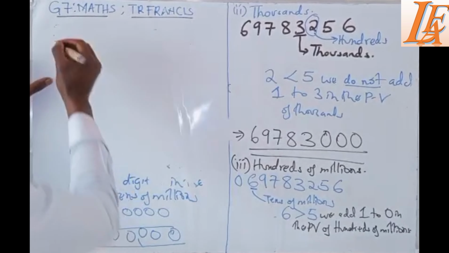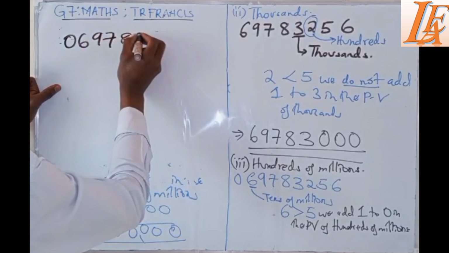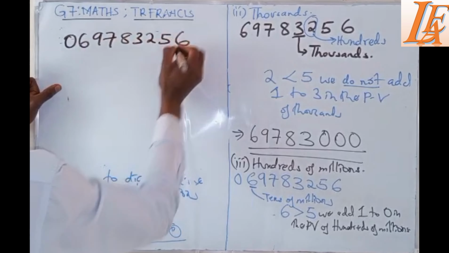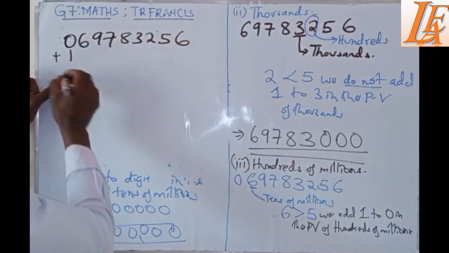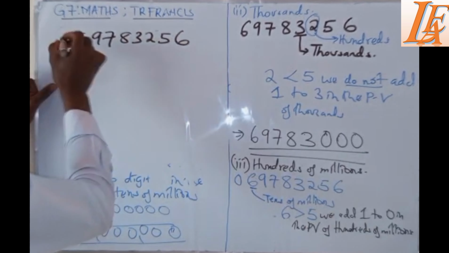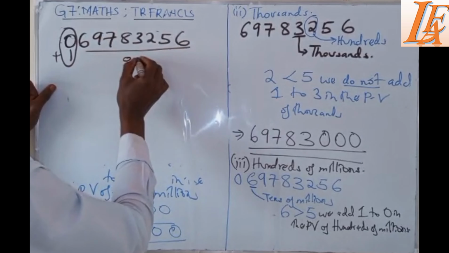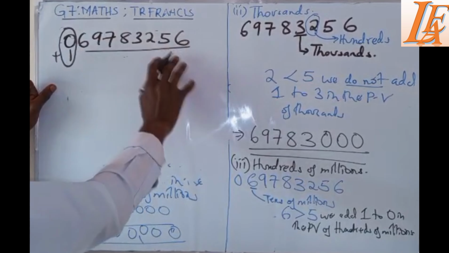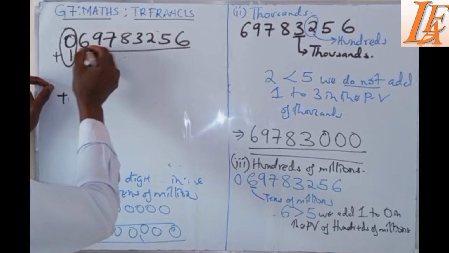We write the numbers: 0, 6, 9, 7, 8, 3, 2, 5, 6. Therefore, we add 1 to 0. Then the rest of these digits all become 0. So you replace all of these with 0s. So this will be 0 plus 1, while the others turn to 0.